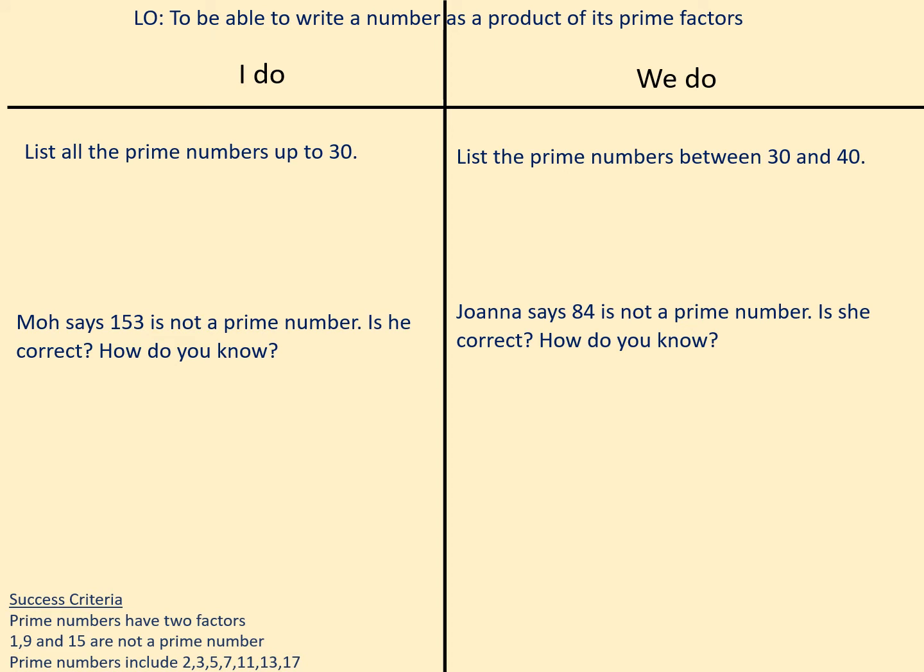Right, so our lesson objective today is to be able to write a number as a product of its prime factors. So we need to know what a prime number is. Now, a prime number only has 2 factors. So 1 is 1 times 1, only has 1 as a factor, and therefore 1 is not a prime number. But we do have our prime numbers, don't we?